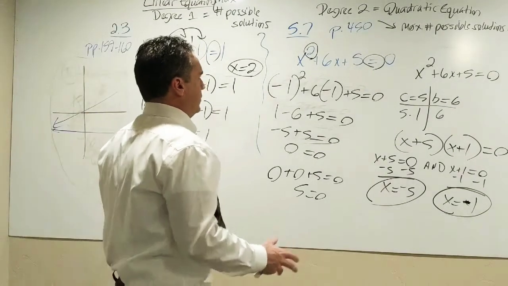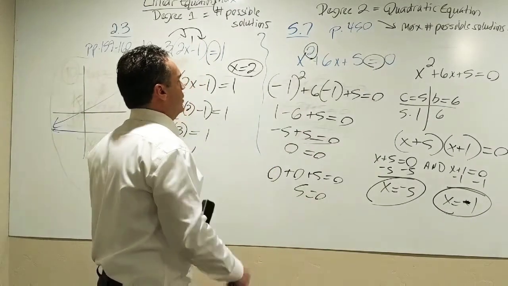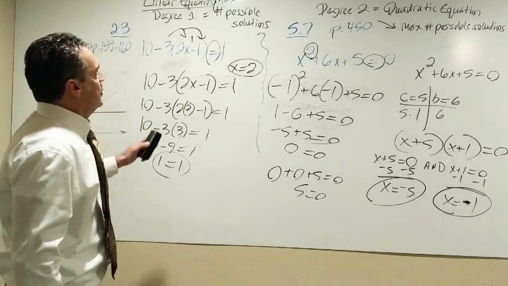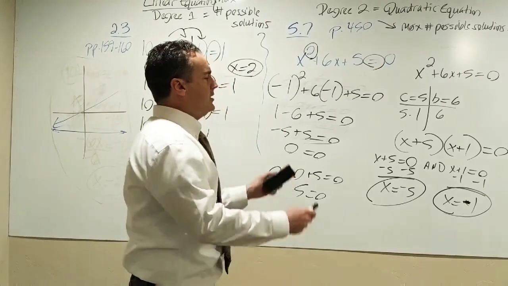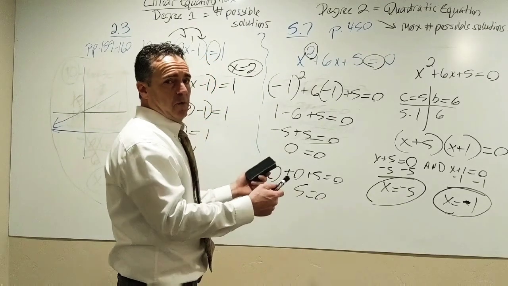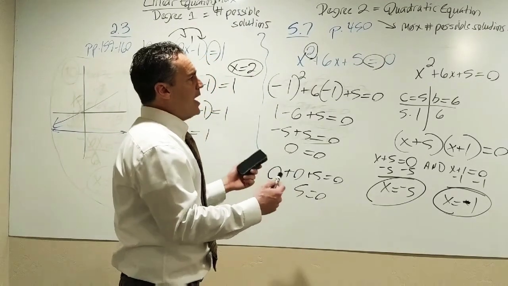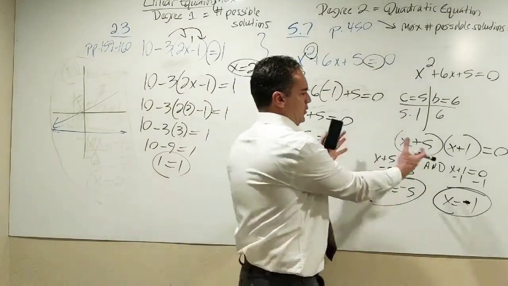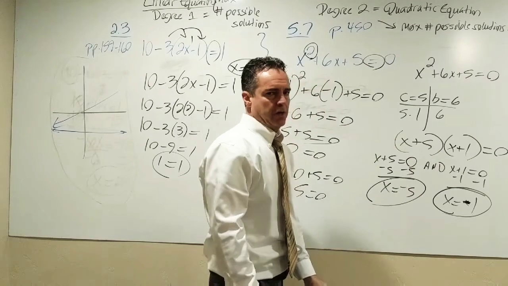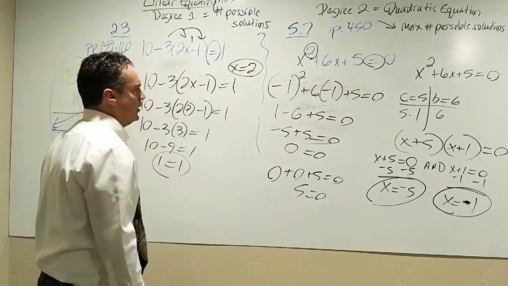In summary, what I wanted you to gather from all of this is that we are going to be teaching you about quadratic equations. And to make something solvable that's a quadratic equation, we have to use the tool of factoring to break it up into multiple linear equations, going back to our three-step process to solving.